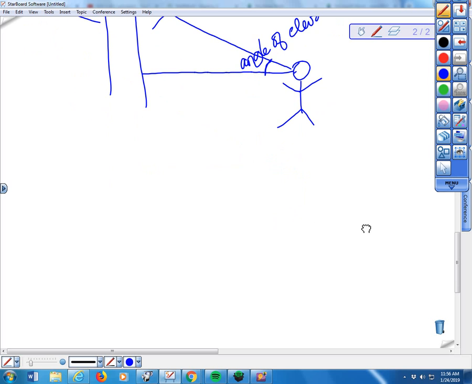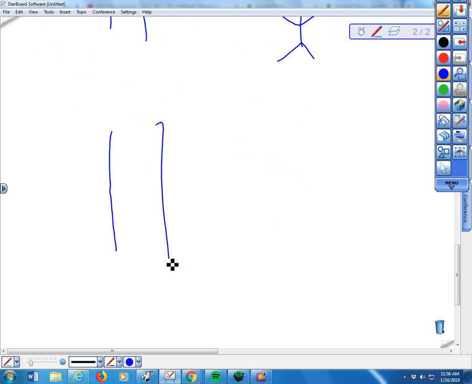Okay? If I'm out on top of a building and I see something over here and I'm looking down at it and I want to know what the angle of depression is measuring down, I always measure this to the horizontal as well. So it's not this angle.